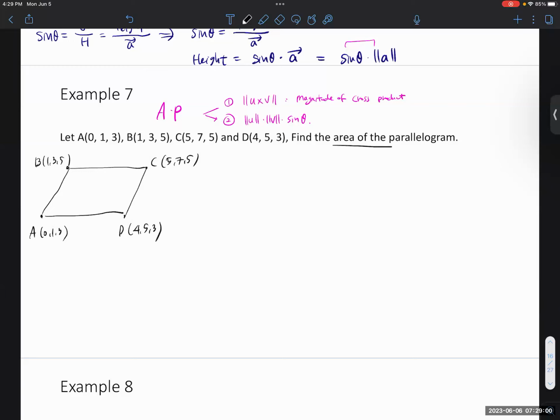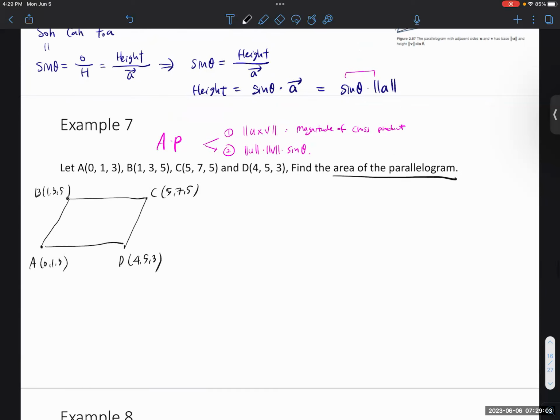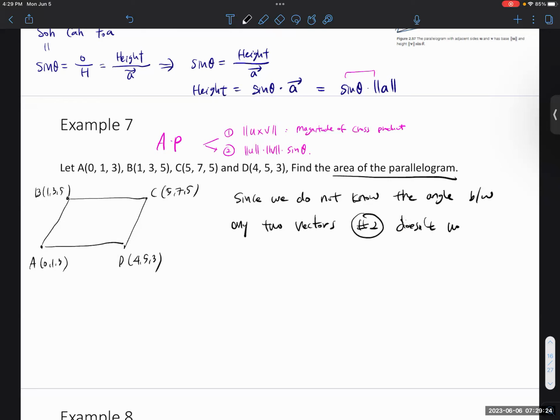I want to find out the area of the parallelogram. So since we do not know the angle between any two vectors, the number two formula does not work, right?